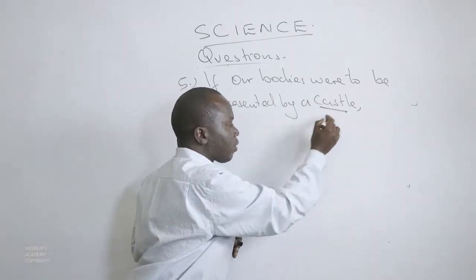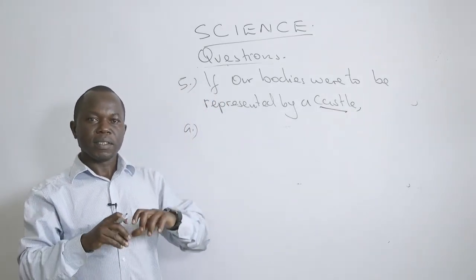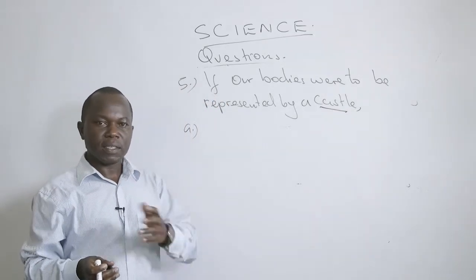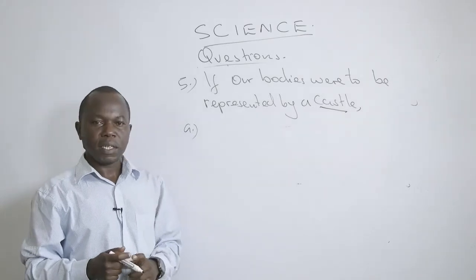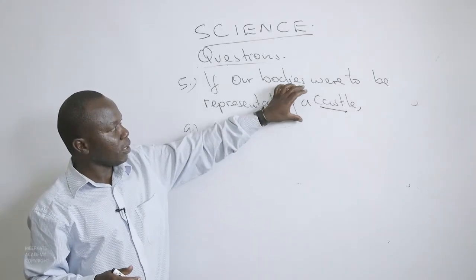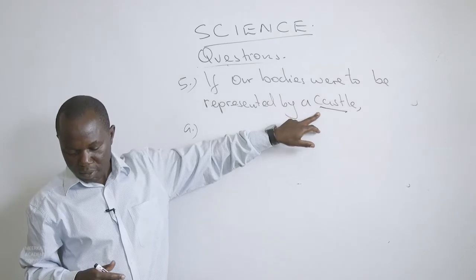Now, we know what a castle is. A castle is the home for the king, the queen. We call it a castle. So if our bodies were represented by a castle, you answer the following.